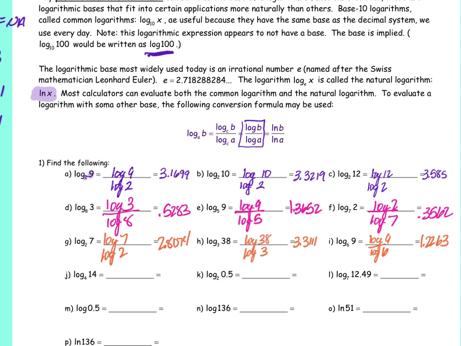So if I were to do J, which says log base 4 of 14, I just put the 4 in here. And then you can arrow over if you want, I just find it's easier to click over there and then go 14. And then we get our answer, which is 1.9037.